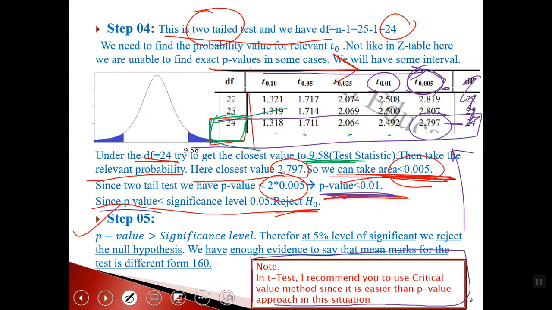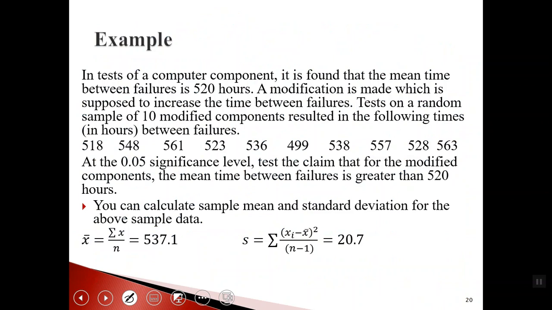So I recommend that it is better if you use the critical value approach in the t-test. It's just an idea. You can use both, it doesn't matter, use whatever you want, but the critical value method is the best option in the t-test.